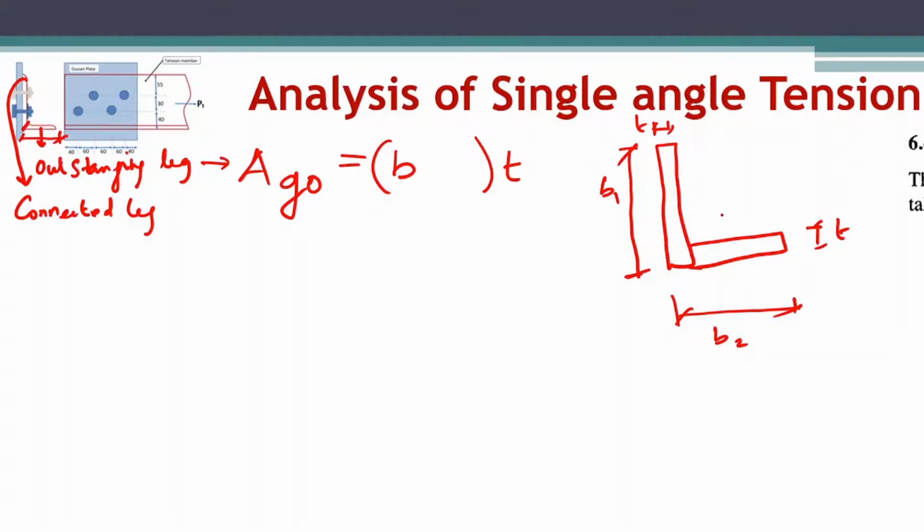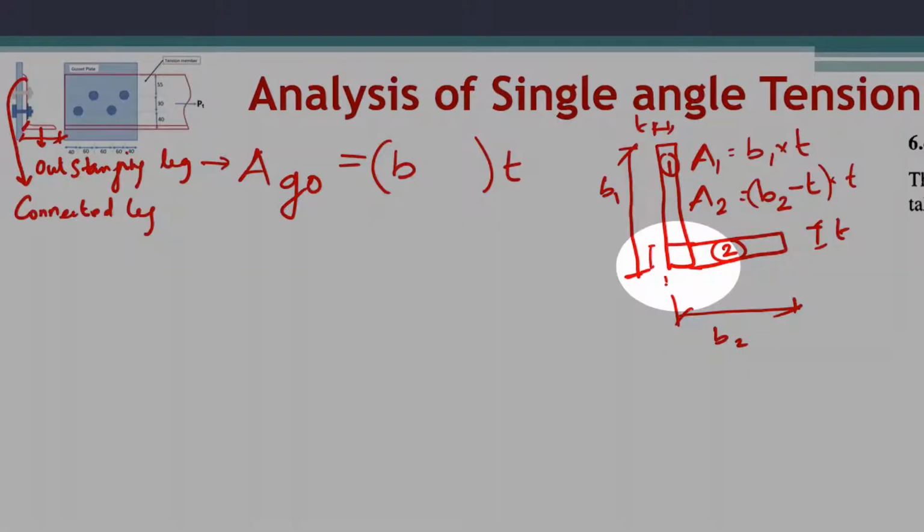Let's name this member 1 and this member 2. The area of the first member is B1 into t. Similarly, the area of the second member is B2 minus thickness into t. Do you know why I have subtracted thickness in B2? Because this thickness is common for B1 and B2 as well.